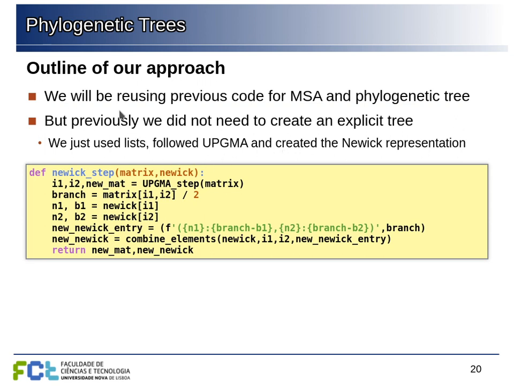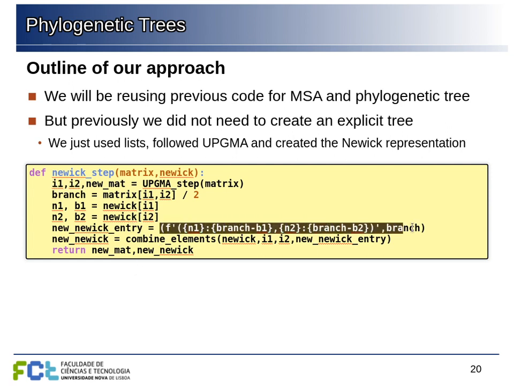However, we need to make some changes because last week we did not really need to create an explicit tree. So if you recall, we used lists of sequences for the alignment, lists of strings for the names, and then we just followed the UPGMA algorithm step by step using the matrix of distances to identify which elements to merge together. These elements can be individual sequences or groups of sequences, and then we use that to build the Newick string, the Newick text specifying the tree.